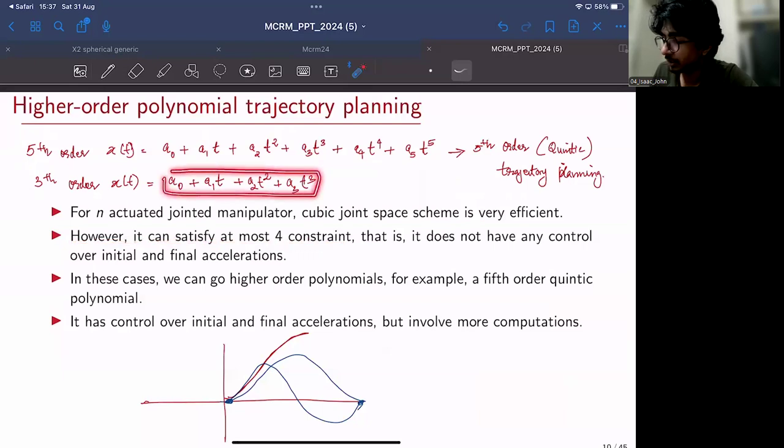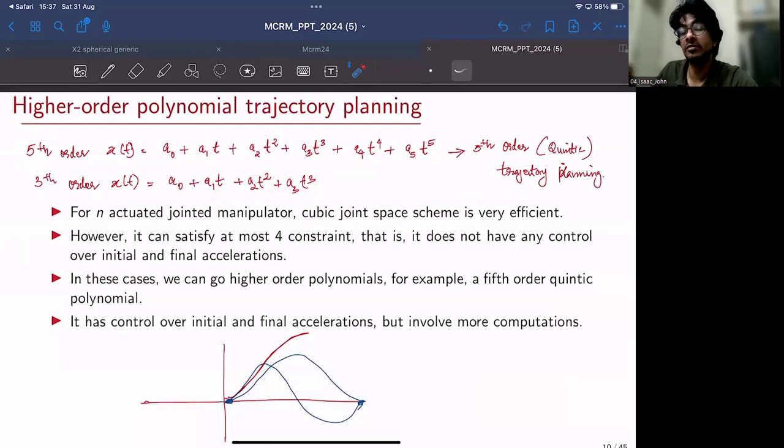If you try to satisfy more constraints, it becomes an overdetermined problem, so it may not even satisfy at all. It does not have any control over initial and final accelerations. That is for the cubic.